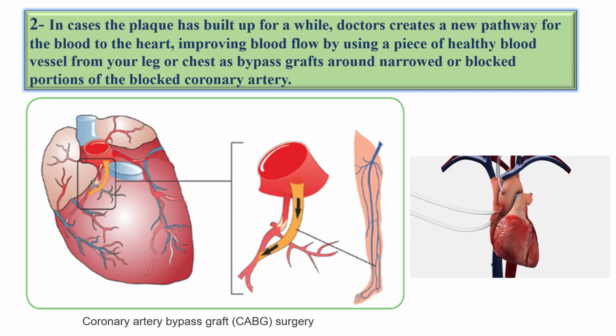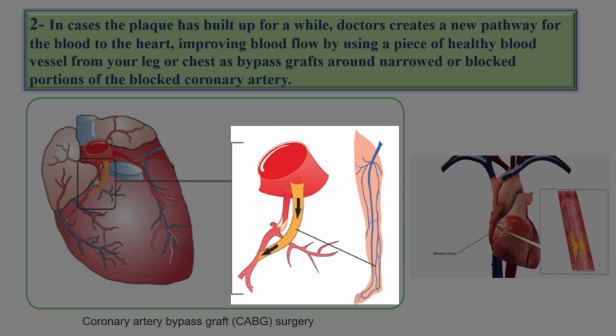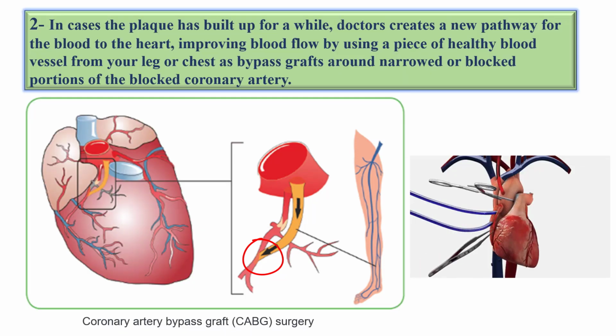So, in this treatment, doctors leave the blockage in place, but they go beyond it and use a blood vessel from another part of the body and connect it to the blood vessel above and below the narrowed artery, bypassing the narrowed or blocked coronary artery.